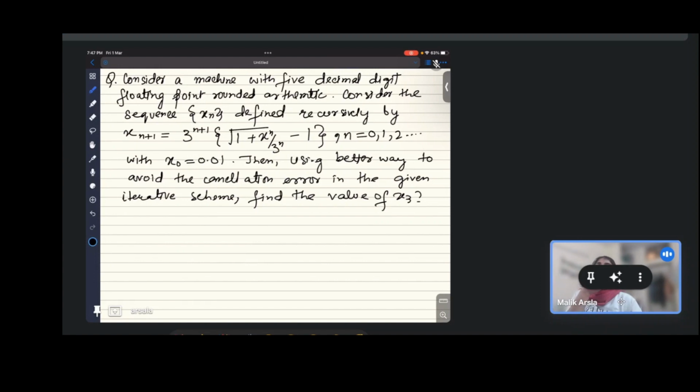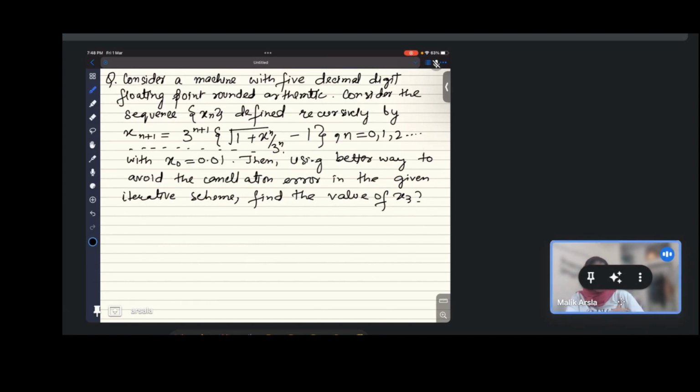And then it's telling us to consider a recursive sequence given by x(n+1) equal to 3^(n+1) multiplied with the square root of 1 plus xn divided by 3^n, minus 1. Like this expression.